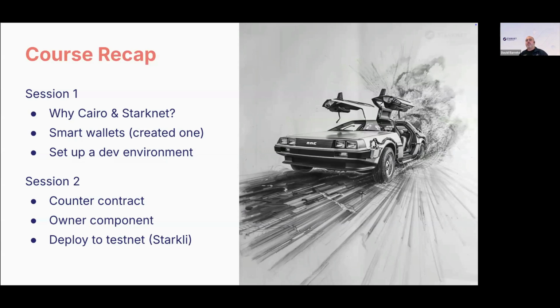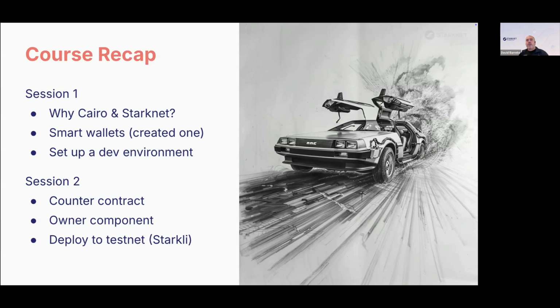A little recap from session 1 and 2 to remind ourselves what we have done so far. In session 1, we discussed some of the fundamentals about why Cairo, why Starknet, what makes it unique, how it scales. We talked a bit about ZK Starks and ZK Snarks. We focused a lot more on smart wallets, what makes them special, how they work. We actually created one for mainnet, one for testnet. Then I showed you how to set up your dev environment using the Docker image that we created.